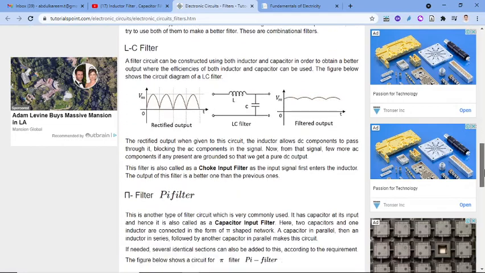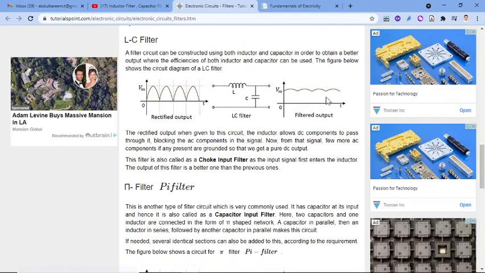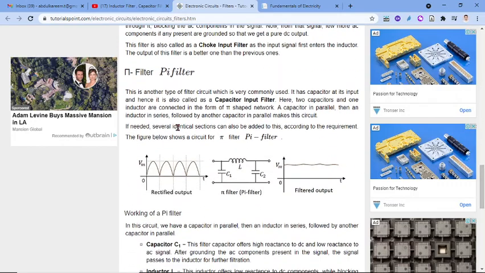So the ripple factor is reduced again, and you will get an almost smooth rectified output in the case of the LC filter.